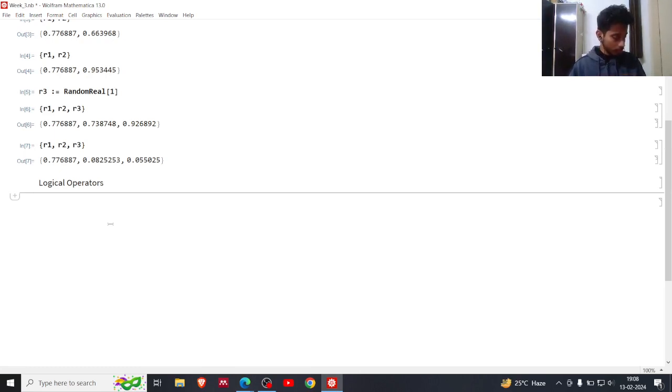We will only consider the logical And, Or, and Not. These three logical operators we will only see. We will also see the conditional operator If.